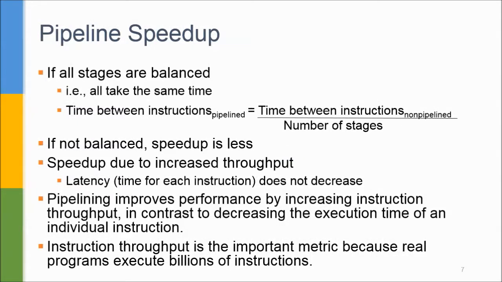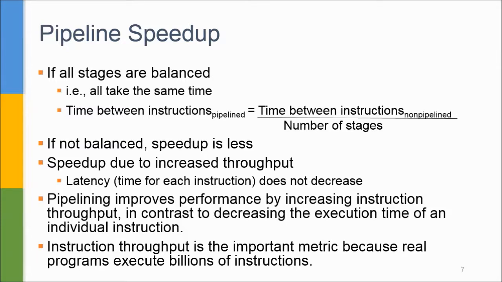Pipelining speed up. Let's turn the pipelining speed up discussion into a formula. If the stages are perfectly balanced, under ideal conditions, then the time between instructions in the pipelined processor is equal to the time between instructions in the non-pipelined processor divided by the number of pipeline stages.